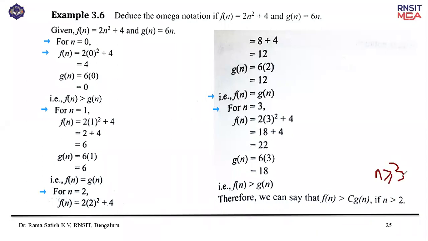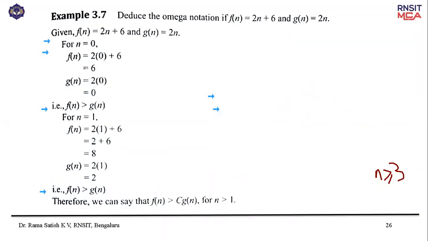You can also write like this. So this is one way of deducing the omega notation. Next, we have another example: deduce omega notation if function f of n is equal to 2n plus 6 and g of n is equal to 2n.